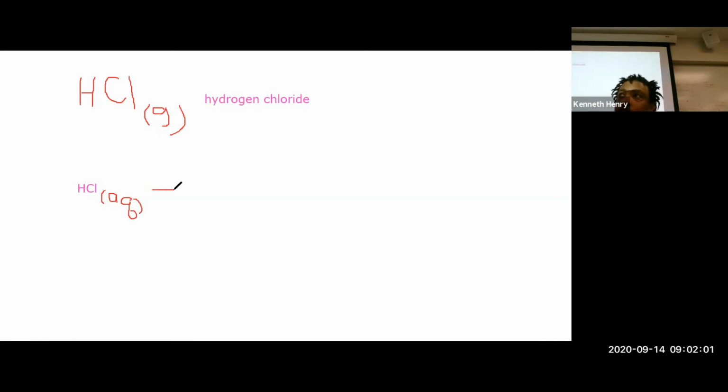This is what you actually end up with, and I will show you another notation to help minimize keeping track of the water, because with aqueous we have a lot of water. This is what actually happens, and then I'll show you the way that we write it to make it easy for us.